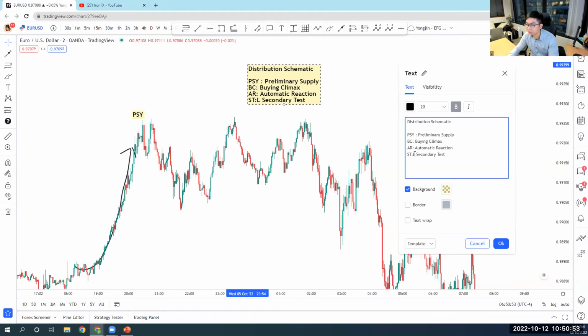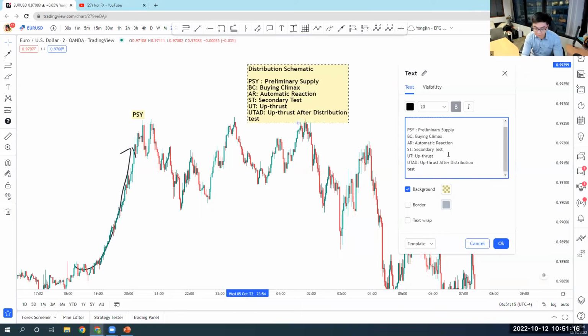You might notice for distribution, we do not have STB, secondary test B. Instead, we have UT. What is UT? Upthrust. After UT, we have UTAD, upthrust after distribution. After that, we have the usual test and then the LPS, the last point of supply.